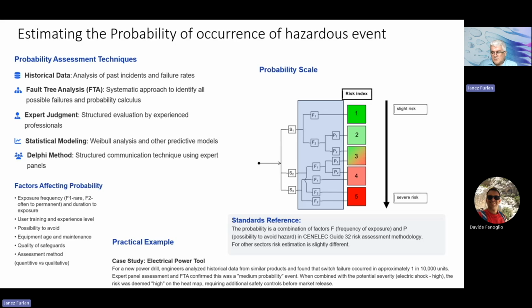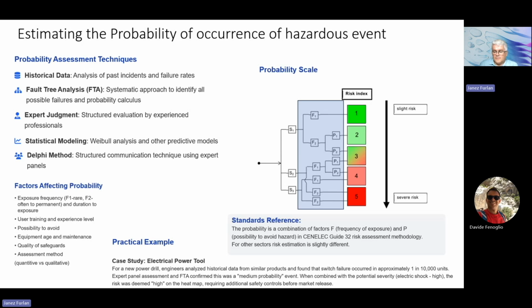What are the factors that affect probability? Foremost is the frequency of exposure, or factor F. F1 stands for rare exposure, F2 stands for often to permanent exposure. Then we need to, of course, take into account the consumer group, whether these are professional, experienced people using the product. Possibility to avoid, or factor P, here P1, P2, as you can see.